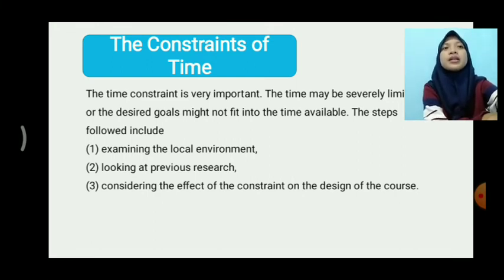For example, it presents estimates of the time taken to reach various levels of proficiency for learners of particular languages. The third is considering the effect of the constraint on the design of the course. An environmental constraint can be approached in two ways: working within the constraint and overcoming the constraint.